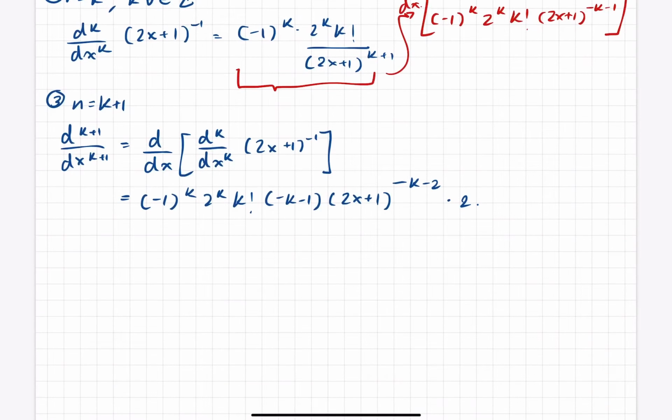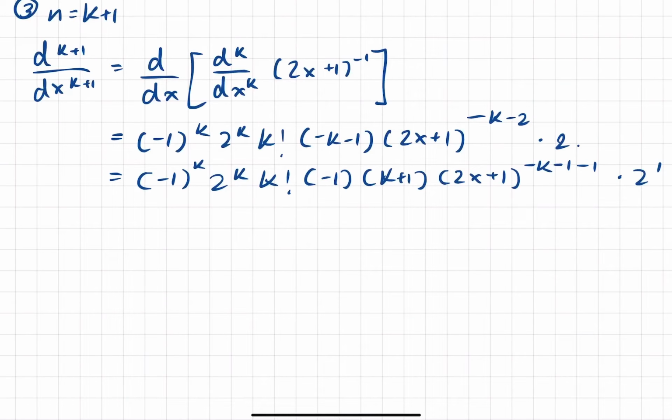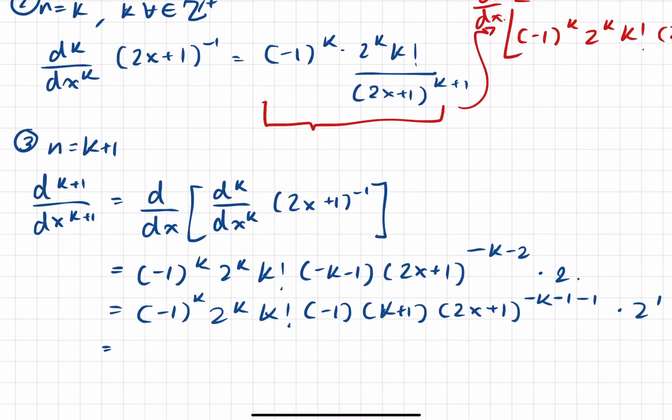So this is actually quite nice because we can actually do a bit of algebraic manipulation. So I have 2, (-1)^k times 2^k, k plus 1. We're going to factor out a negative 1, and then we have k plus 1, (2x plus 1), and then we're going to write this as negative k minus 1 times 2 to the 1. And you can actually do this all in one step, but for the sake of showing you what's happening here, I'm going to group things together.